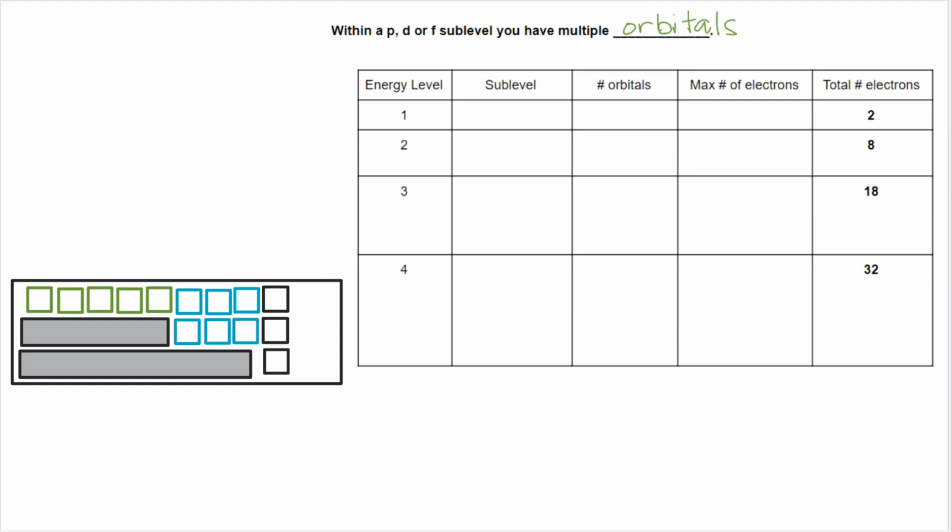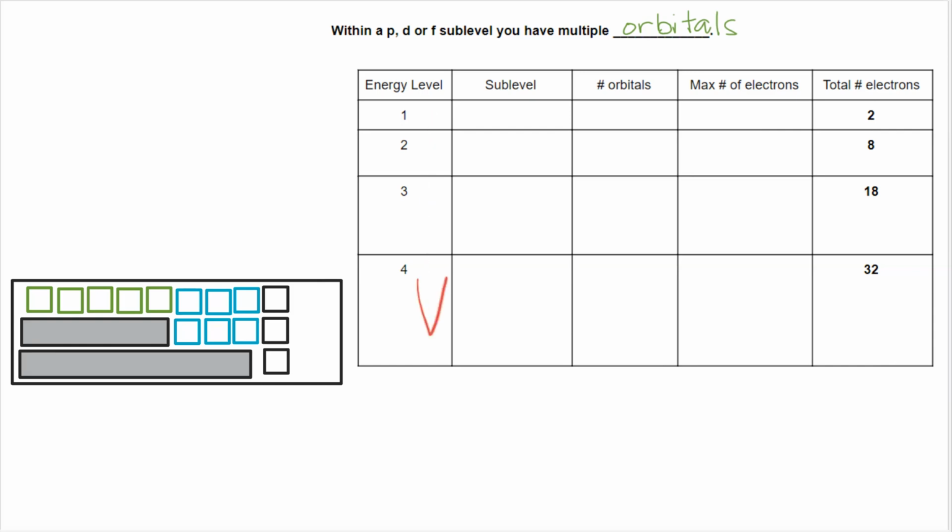Okay, and then within a certain energy level, we can have multiple types or sublevels of orbitals, multiple shapes of orbitals. And the variety increases as you go up in energy level.